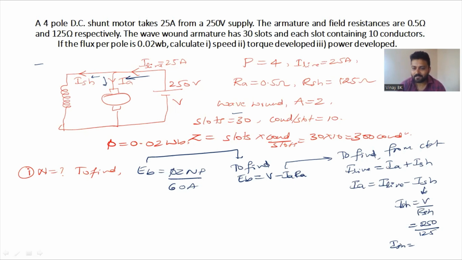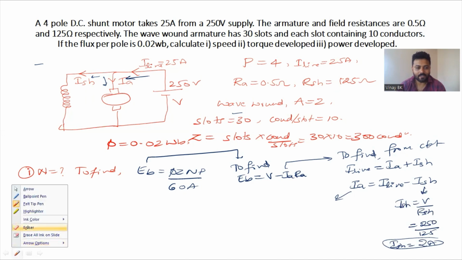So ISH is 2 amperes. Now you can get the value of IA. So IA is given by, you can easily get the value of IA now.